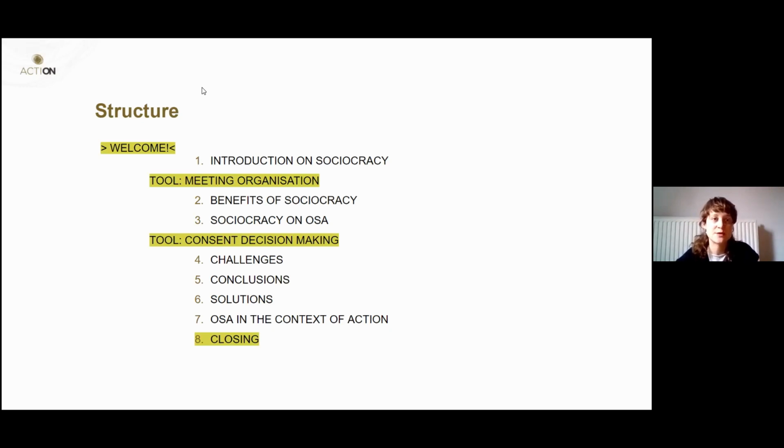And in the end, we want to have a quick resume of today's workshop and close this in a good way. And Kat is also saying some words. That was it from my side, and I will hand over now to the first point, the introduction on Sociocracy, to Liz.